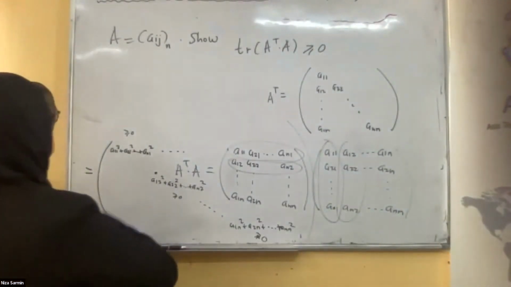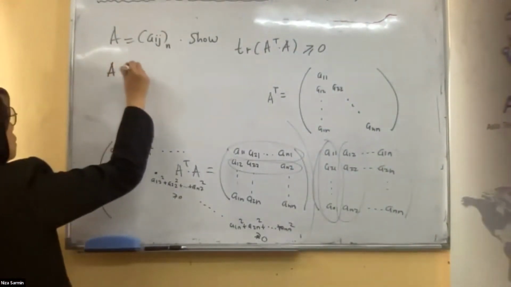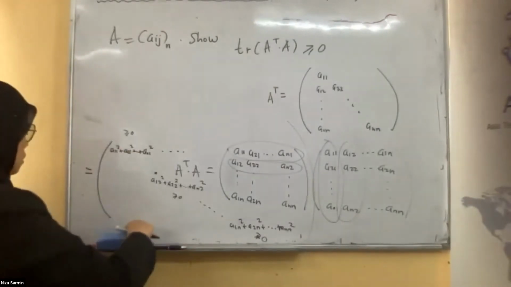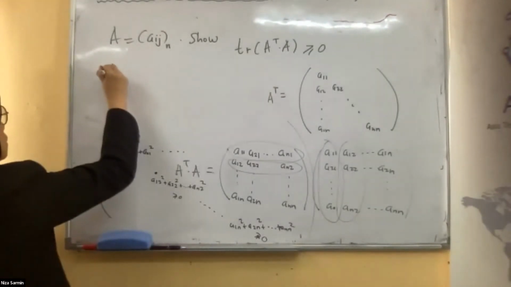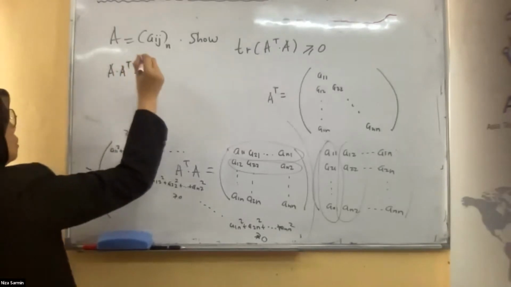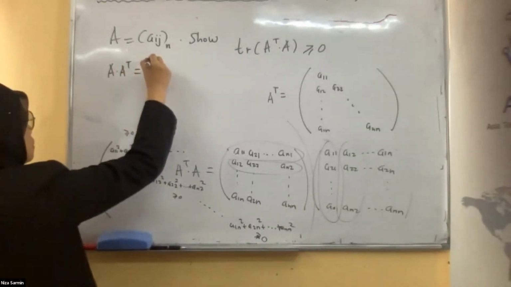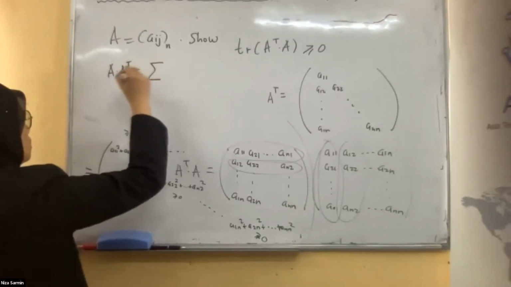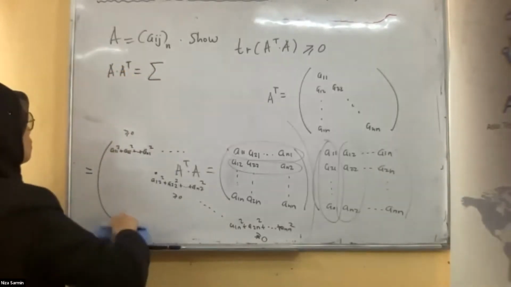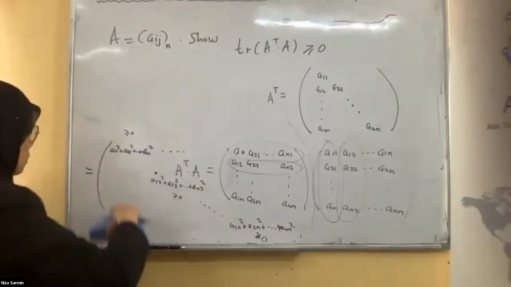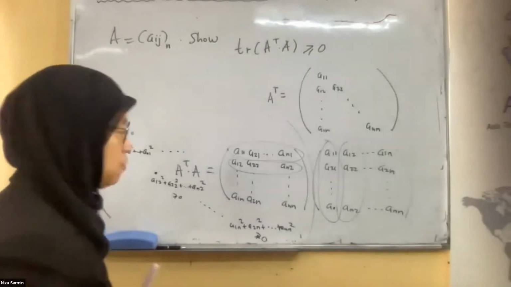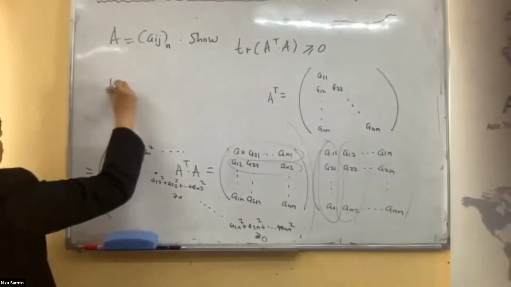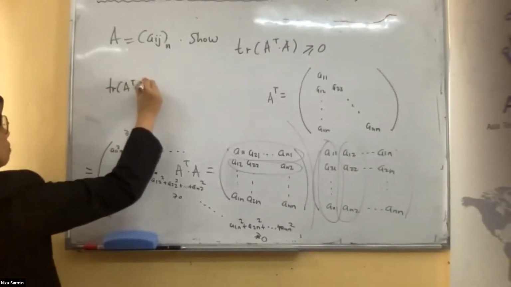So you have something like A, A transpose is summation. If you can share, but the trace, let me write in this form. This is the sum.